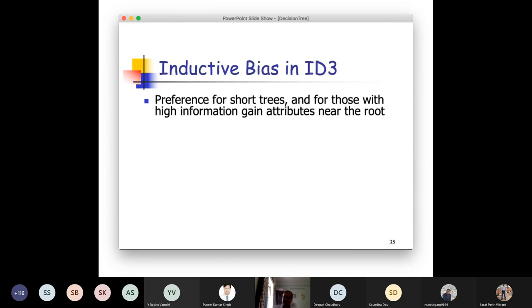So it could be a combination of both. I mentioned the preference for short trees in the ID3 algorithm, and the principle guiding this preference is a kind of philosophy in scientific investigations: the principle of Occam's razor, or the principle of parsimony.